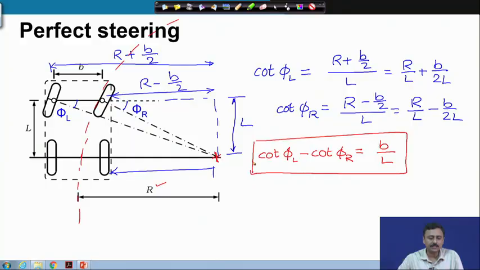So, what are these angles phi L and phi r? They are the steering angles of the wheels, the rotation of the wheels from their normal straight position.